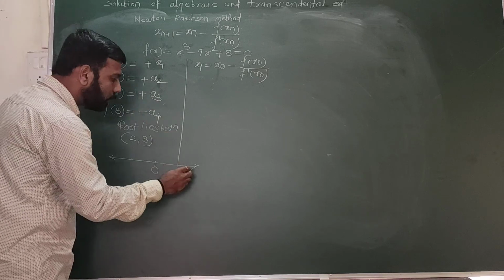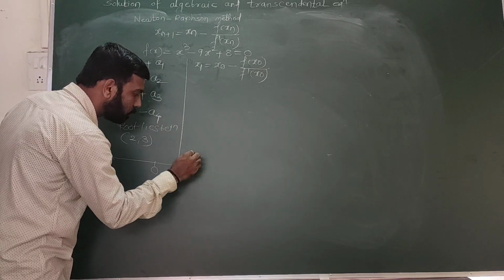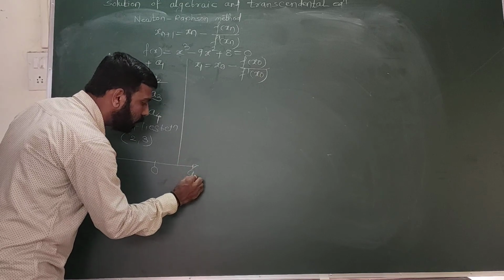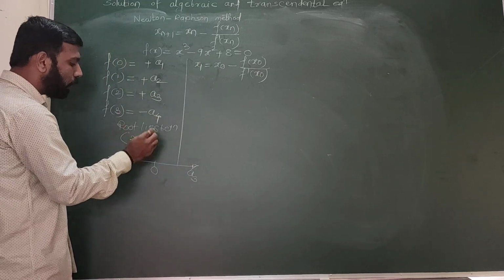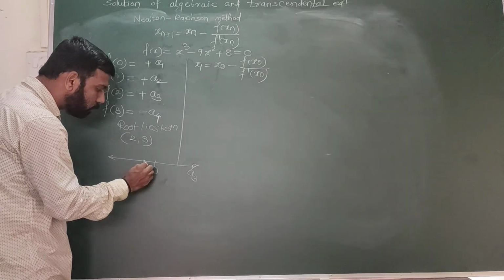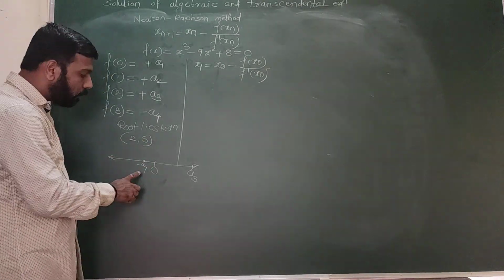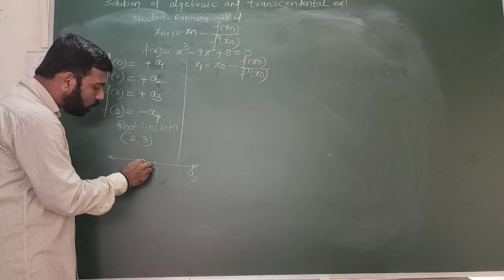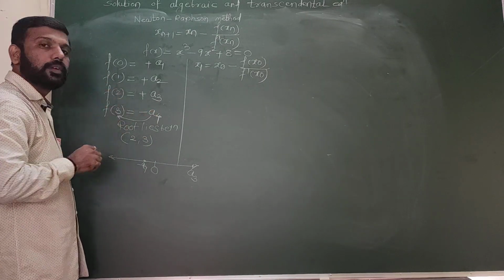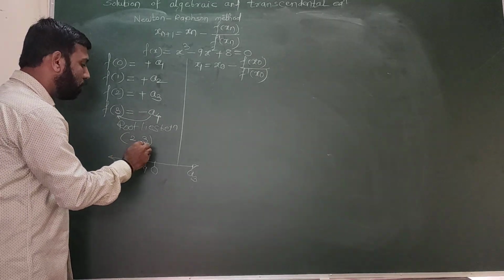Plus a3, this value is here, and minus a4, suppose, which is nearer to 0. The value nearer to 0, we will assume as the x0 value.